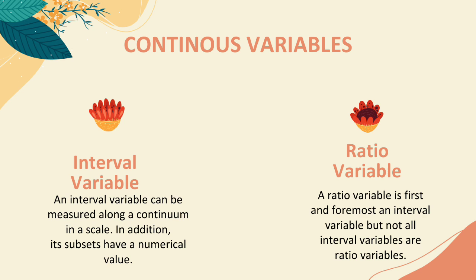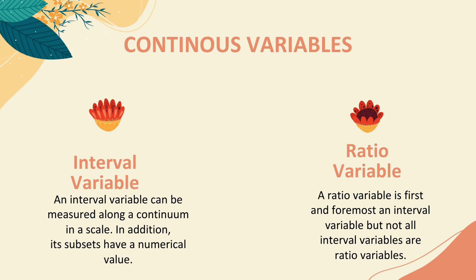There are two kinds of these variables: interval variables and ratio variables. First, interval variables. An interval variable can be measured along a continuum in a scale. In addition, each subset has a numerical value. So, as such, we can talk of the size of the interval between the subsets of an interval variable.